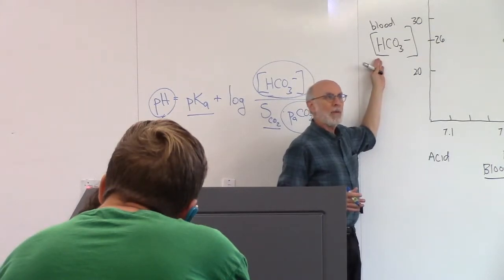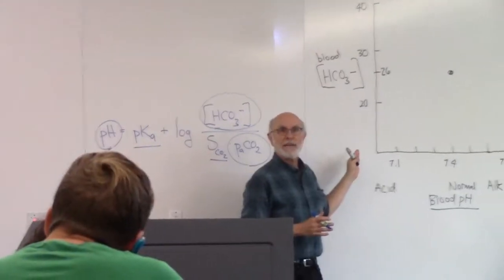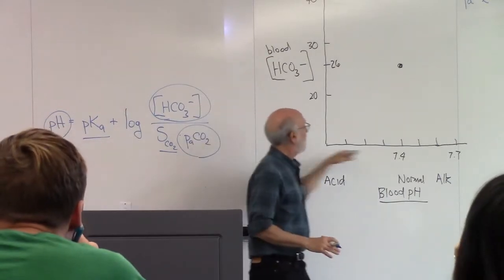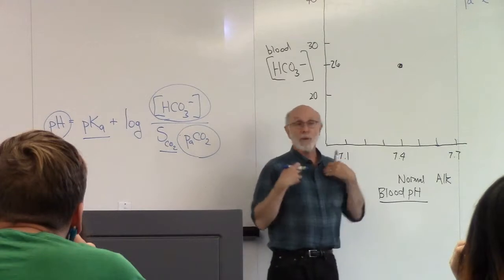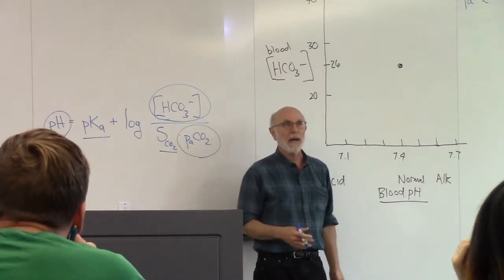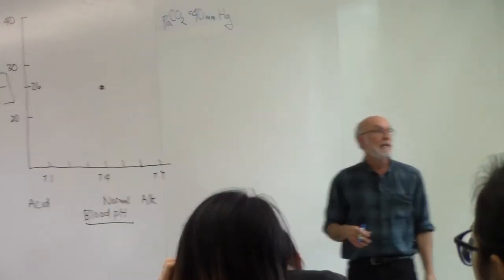Now, you would say, well, this is weird. Shouldn't pH be on the y-axis as the dependent variable? You've put it on the left of the equation, and shouldn't bicarbonate be on the x-axis as the independent variable? If my name were Davenport and I was creating this figure, I would have done it that way. But I'm not Davenport, and he didn't do it that way.